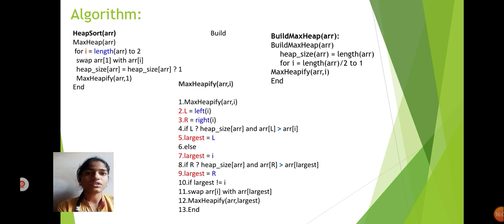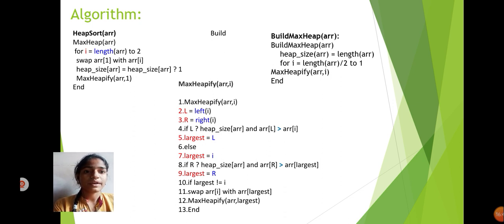So here first the main algorithm, heap sort: array, build max heap of array, for i equals length of array down to 2, swap array[1] with array[i], heap size of array equals heap size of array minus 1, max heapify. Here we are calling the method max heapify. So first it will build the max heap. It is like taking data and making it a heap-like data structure, and under that we are calling max heapify.